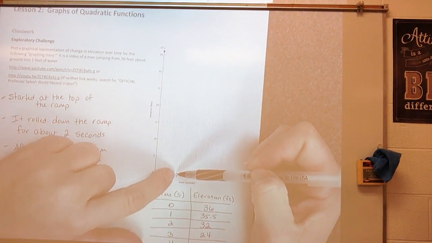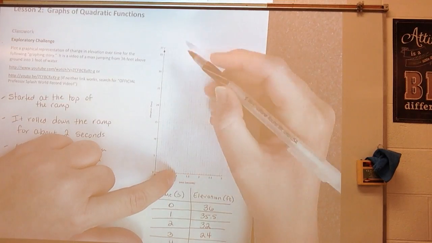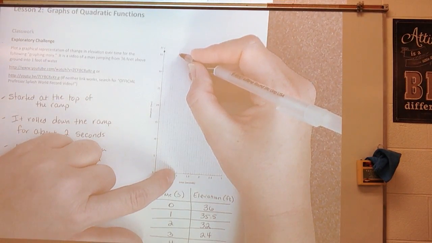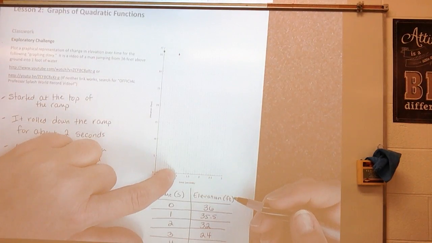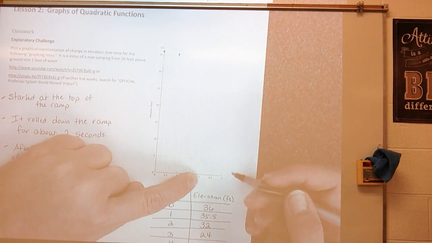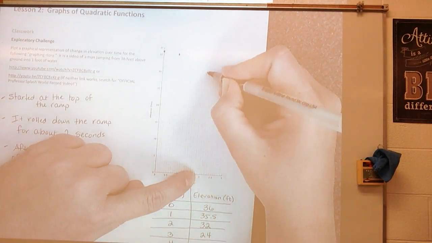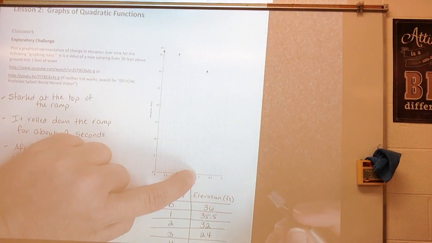So I've got to go to 1 second, and he was about 35.5 feet, which would be about right here. At 2 seconds, he was at 32 feet. And it gets kind of tricky here, following those lines.